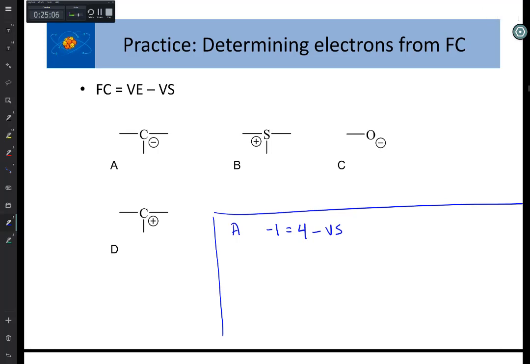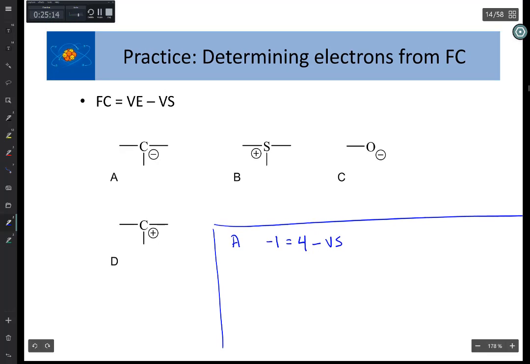And what do I get? A little tricky because of all the minus signs. 5, yeah. Valence state is 5. So on this carbanion, I'm going to count them out. 1, 2, 3. So how many electrons do I need? 2. And there's 4 and 5. So that's the lone pairs that would be on that structure.